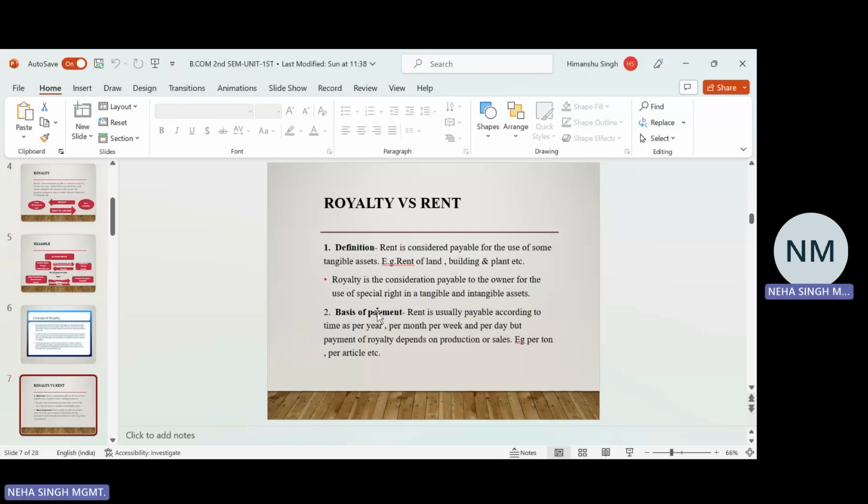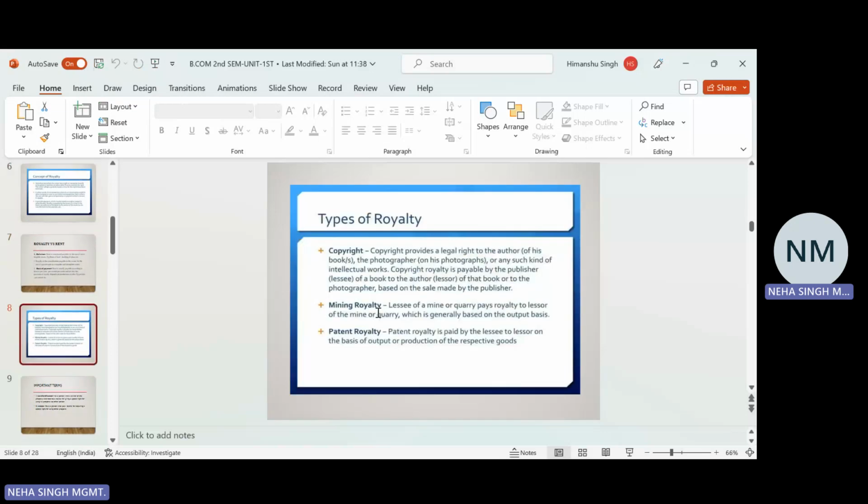But payment of royalty depends on production or sales. So rent we can pay on a monthly basis, on a yearly basis, per week, or per day, right? But royalty depends on production and sales, which means the more production there is, the more sales there are, the more royalty will be given. The number of articles and number of turns decide the amount of royalty.